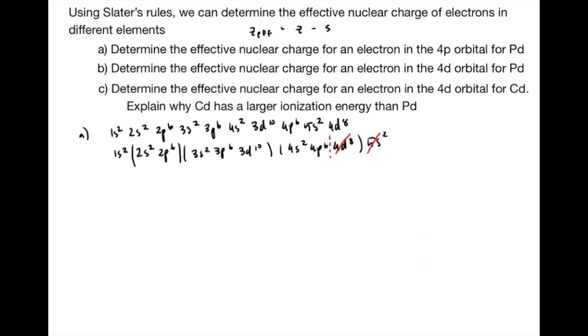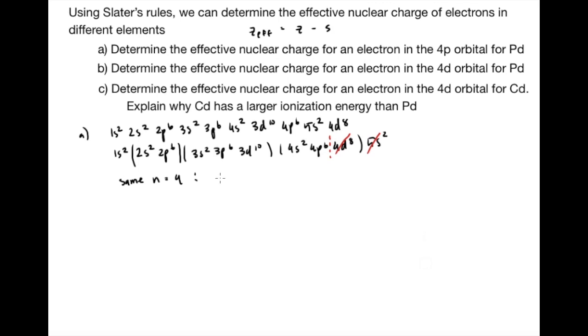And so now we can use Slater's rules to determine the effective nuclear charge for an electron in the p orbital. To do this, we know that if we have electrons in the same energy level, in this case energy level 4, each electron will contribute a shielding constant of 0.35.